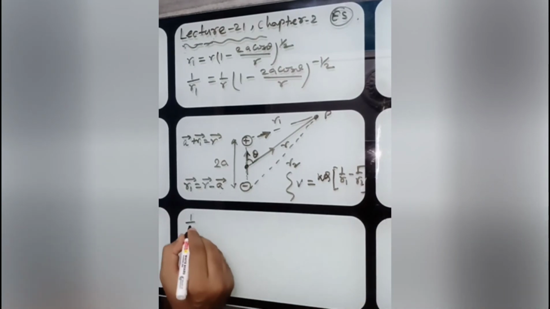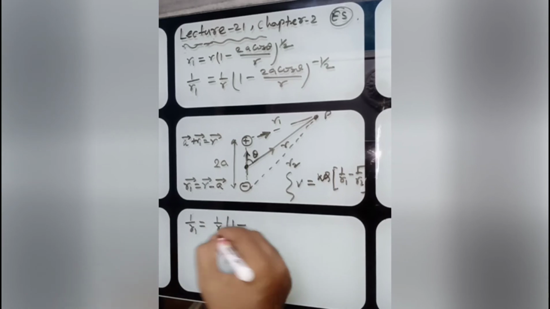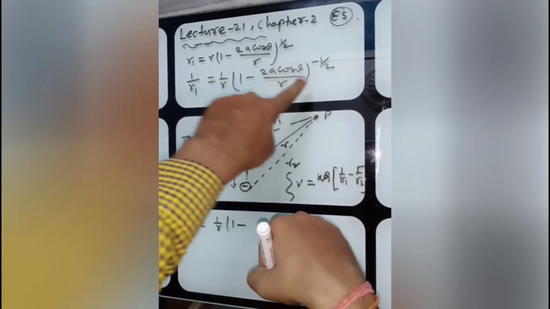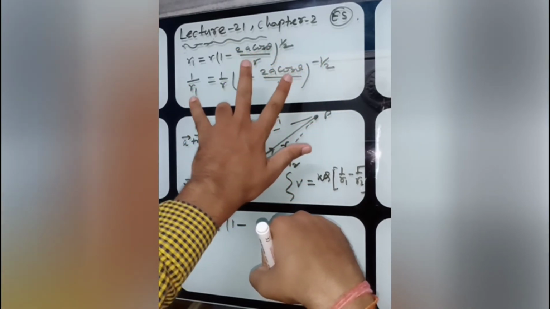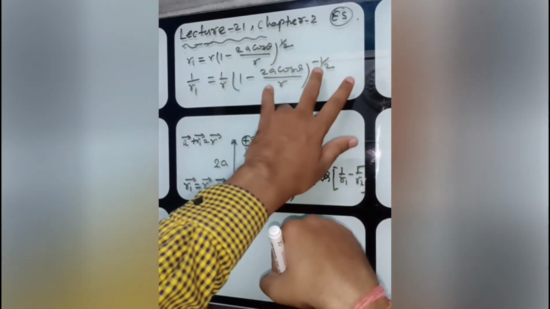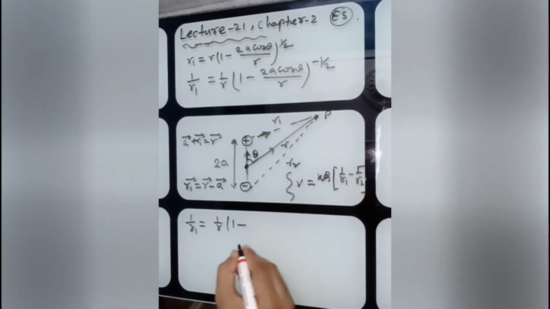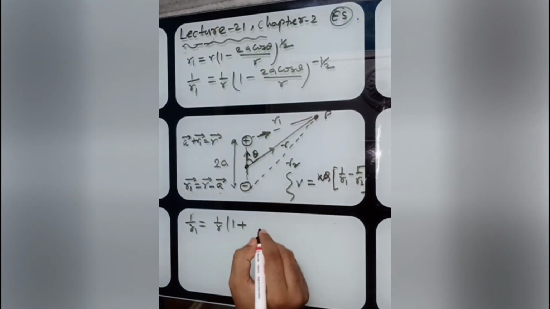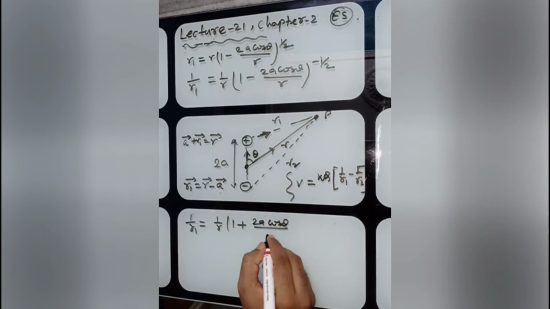Now 1 by R1 is 1 by R times 1 minus, if this quantity is much less than this one, then we can apply here the binomial expansion. You have studied it already in mathematics. If it is 1 plus or minus x and this x is much less than 1, then you can apply this expansion up to the first term, and it can be written as minus, and this minus will multiply with this one, it will be plus, and 2A cos theta over 2R.